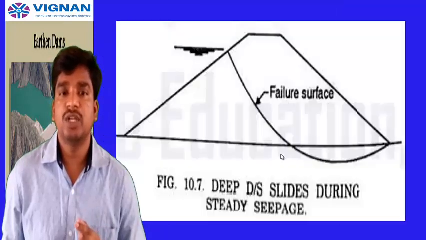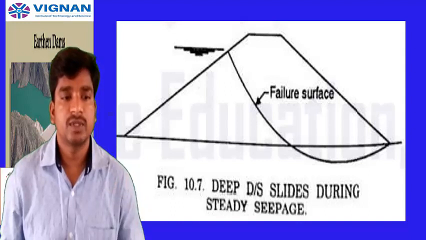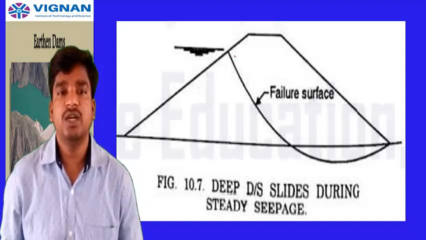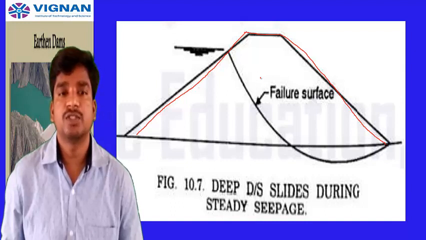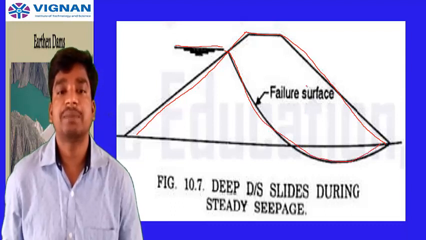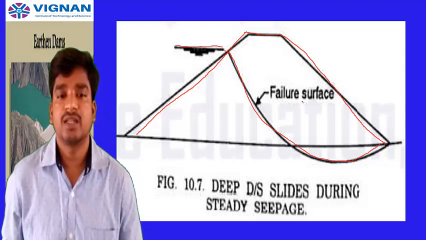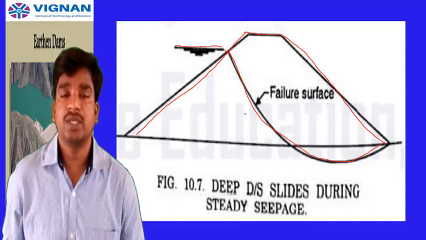If you see the pictorial view here, the picture is given. In this picture, this is your earth dam, and these are the upstream as well as downstream slopes. This is your water level, and this is your failure surface of the upstream side. Such deep slides occur during a steady seepage.